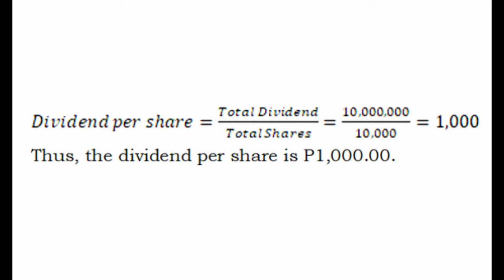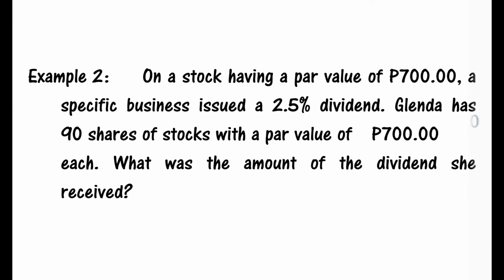Next example. On a stock having a par value of 700 pesos, a specific business issued a 2.5% dividend. Glenda has 90 shares of stocks with a par value of 700 pesos each. What was the amount of the dividend she received?